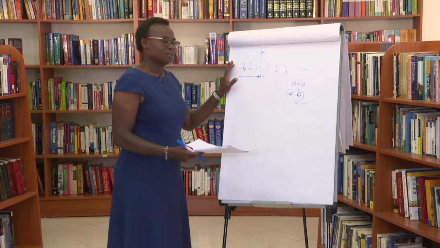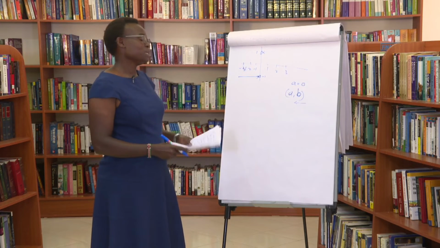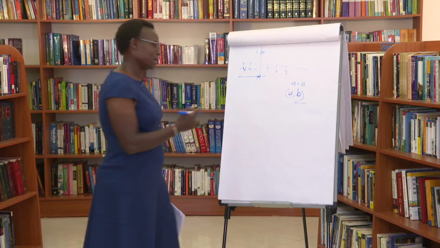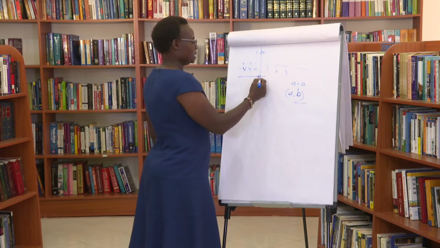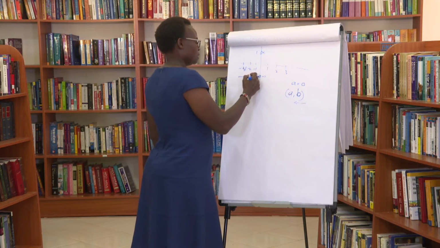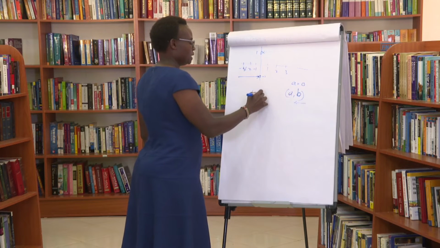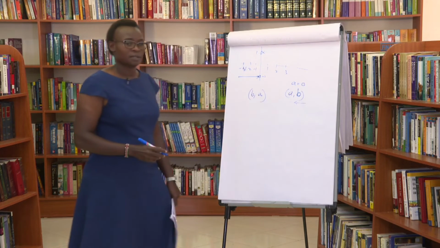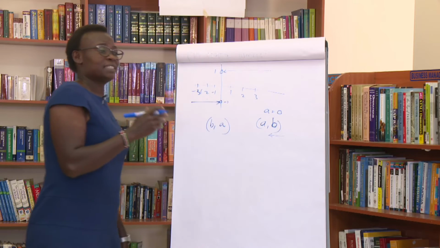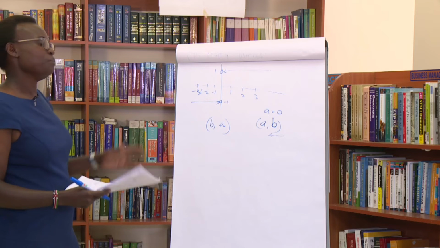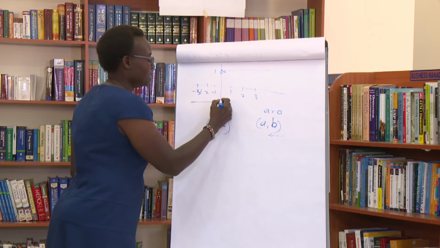On the other side, we are talking about values on the immediate left of A, so in this case the interval BA. Again we have values of x tending towards A, but from the immediate left.